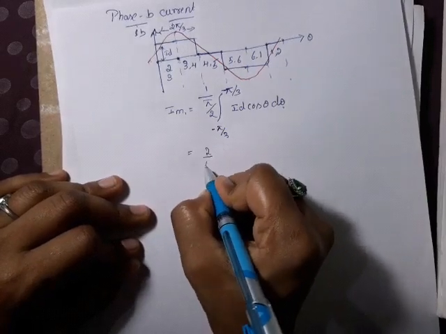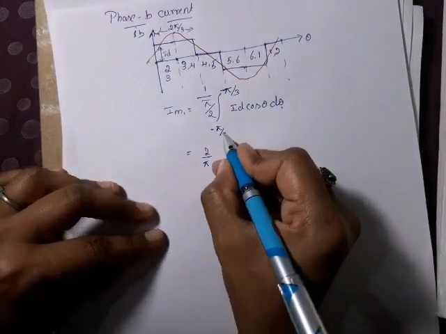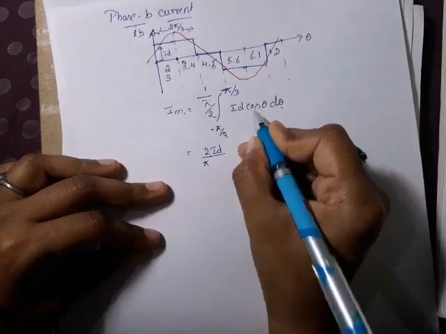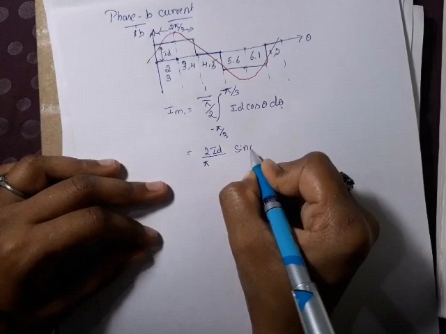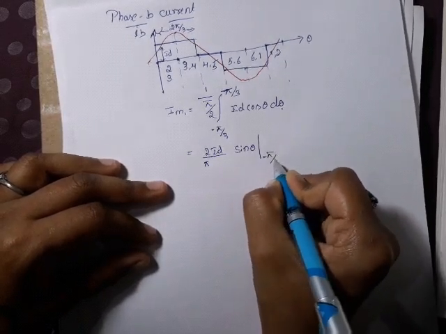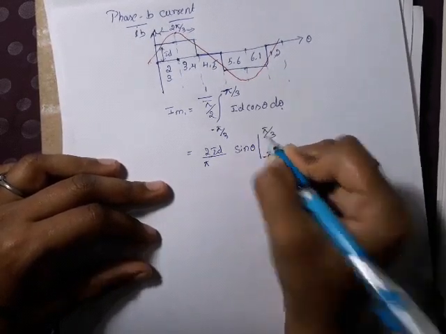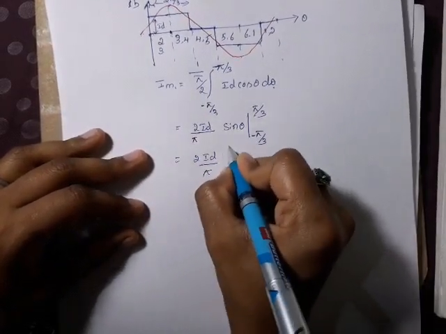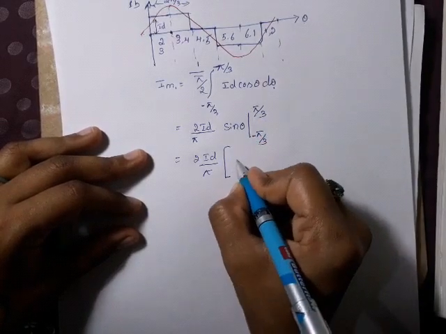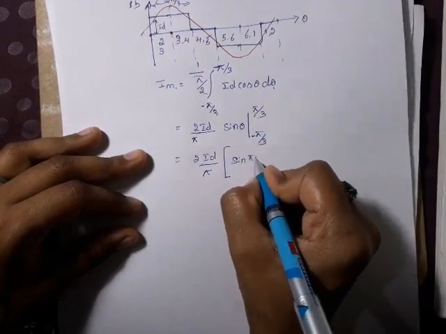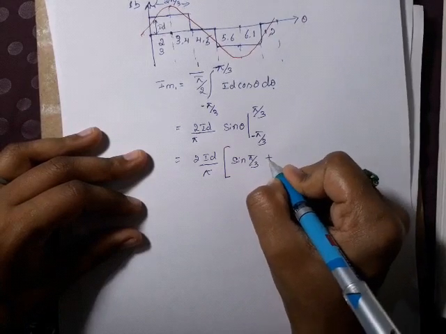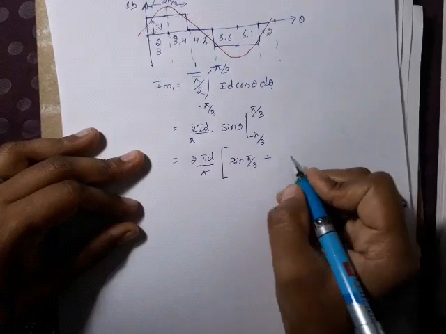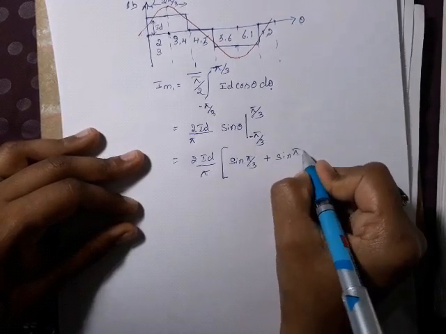So 2 by pi times 1 over, Id is constant, I'll take it outside. Integration of cos theta is sin theta, from minus pi by 3 to plus pi by 3. 2 Id by pi, apply the limits: sin pi by 3, minus into minus will become plus, because sin of minus pi by 3 will become minus sin pi by 3.